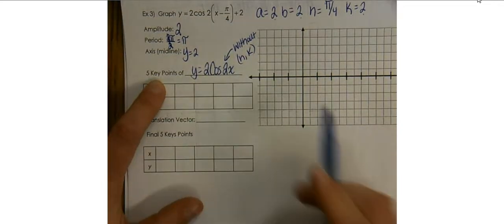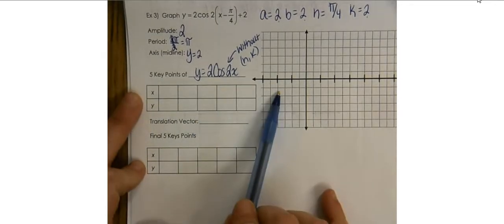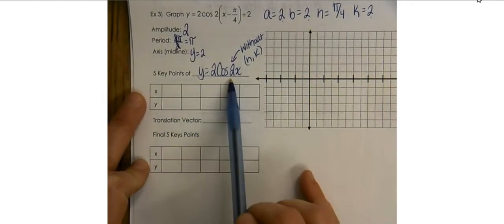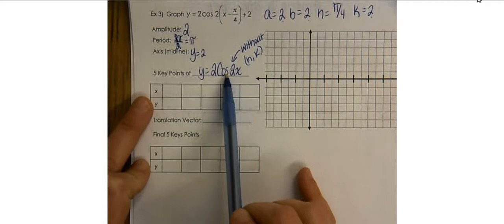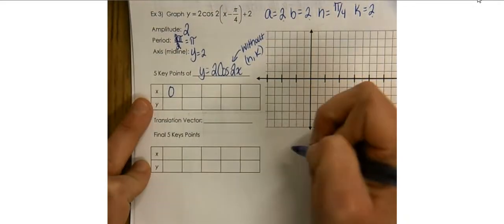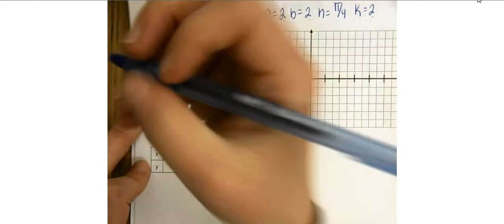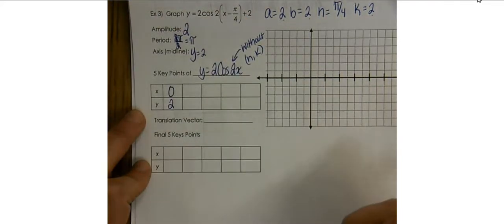Then I'm going to come up with my table of values. So my table of values is going to be based on this equation right here. Since this is cosine, I know that I'm going to start off with 0 and then my amplitude. So I always start up, and I'm going to start at 0, 2 in this problem.